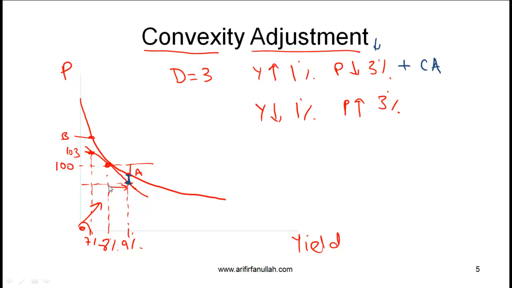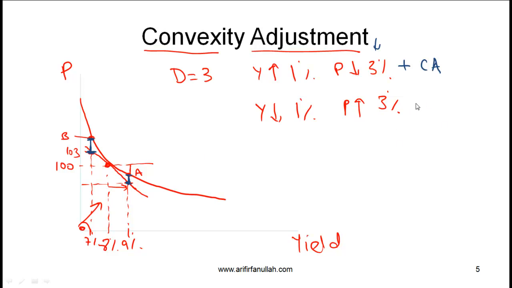Similarly, when interest rates go down from 8% to 7%, the simple duration measure tells us that prices go up by 3%. But again, we need to add a certain adjustment called the convexity adjustment, shown by this blue line over here.